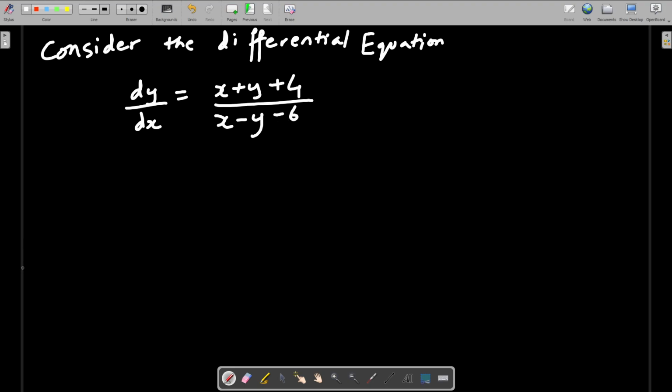So what do we realize in this differential equation? Is it variable separable? No, right? You can't separate the variables on one side. So it's not variable separable.